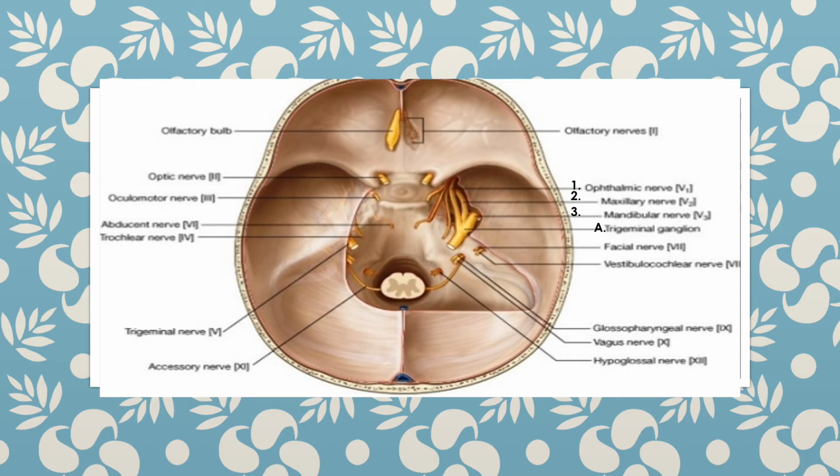From the brainstem, the fibers of the trigeminal nerve head laterally and anteriorly towards the trigeminal ganglion, labeled as A in the figure. Then you can see 1, 2, 3. These are the three divisions of the trigeminal nerve. First is the ophthalmic nerve, labeled V1. Second is the maxillary nerve, labeled V2. Third is the mandibular nerve, labeled V3.